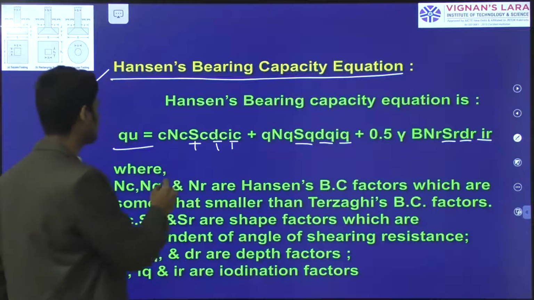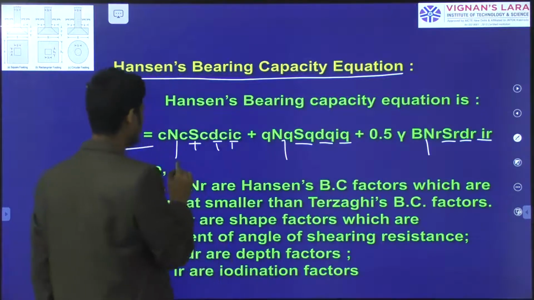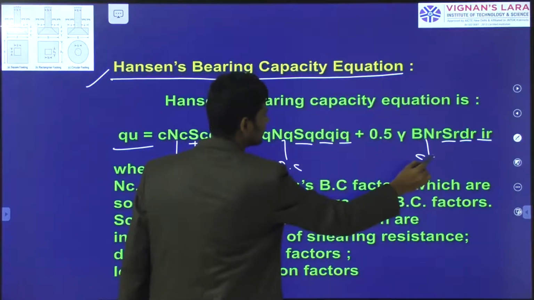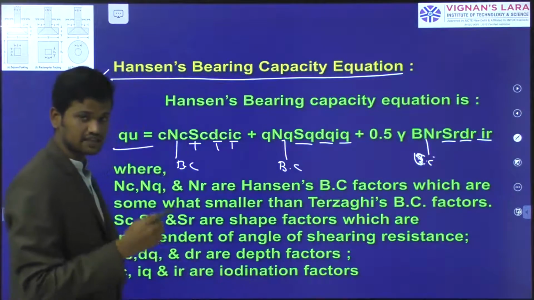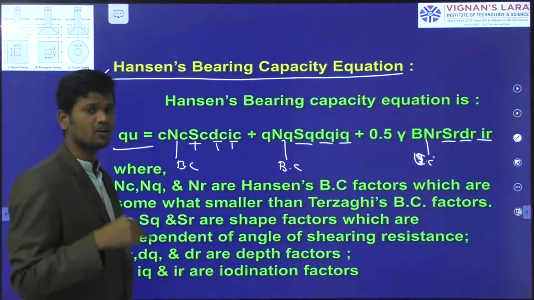And again, here Nc, Nq and N gamma are the bearing capacity factors. These bearing capacity factors we have already seen for Terzaghi's bearing capacity theory: how they are for general shear failure, and how they are for local shear failure.